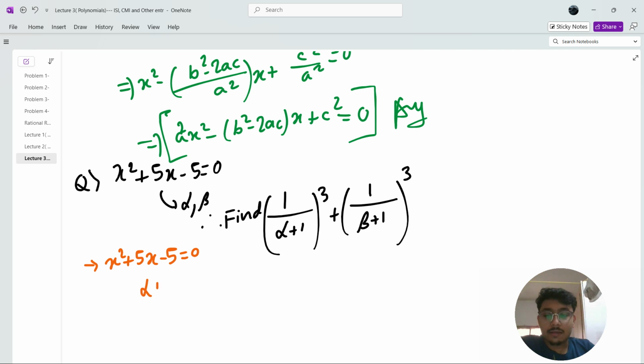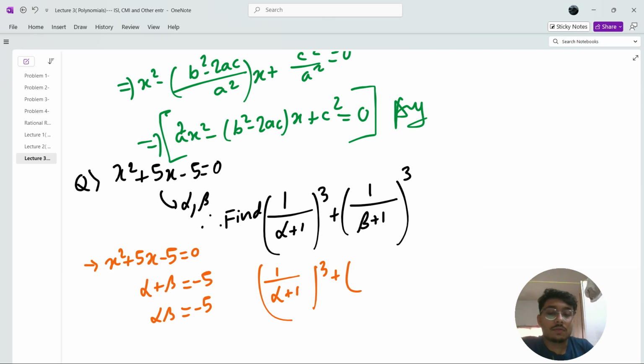Again, my roots are alpha and beta, so alpha plus beta is minus b by a. Here a is 1, so it's minus 5, and alpha beta is minus 5, that's c by a. We need 1 by alpha plus 1's whole cube plus 1 by beta plus 1's whole cube.